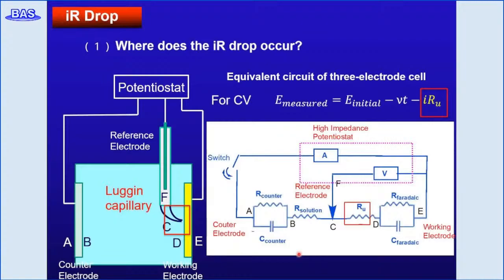The potential measured here is defined by the initial potential minus the potential scanned by scan speed v and minus iR, which comes from the resistance component between the reference and working electrode.